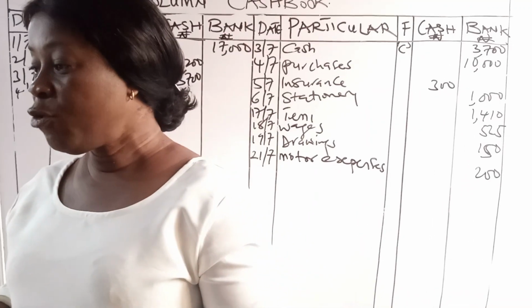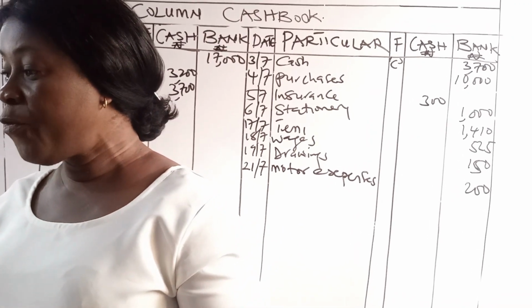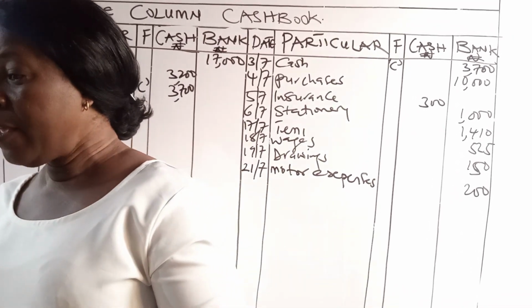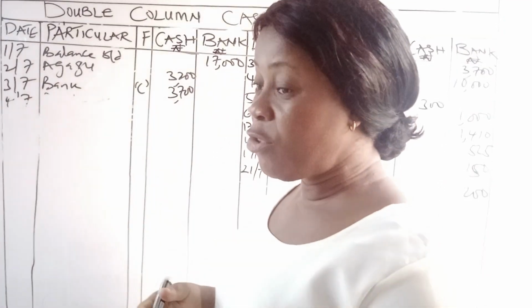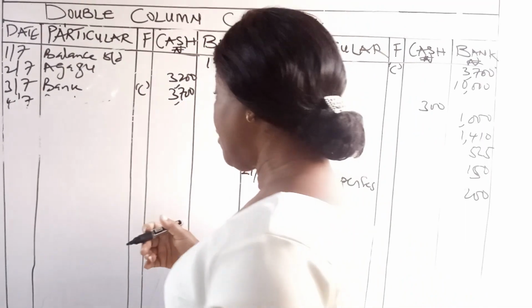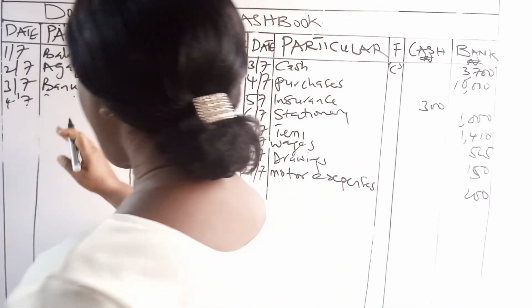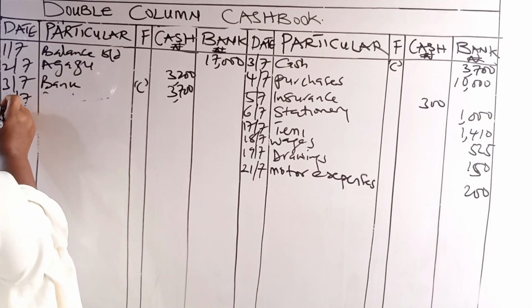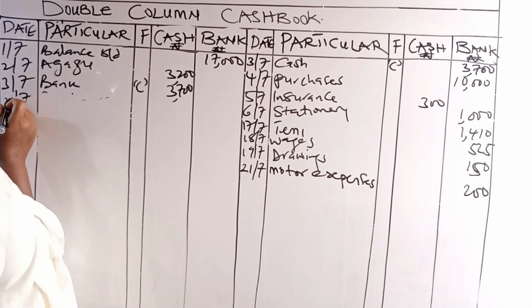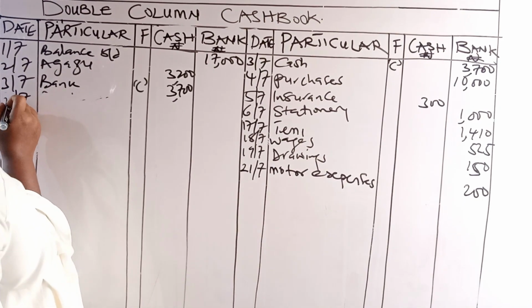Then July 25, sold goods of 1250 and received check. So that led to an increase in the amount the organization has in its bank account. So it will be recorded on the debit side of the Cashbook.